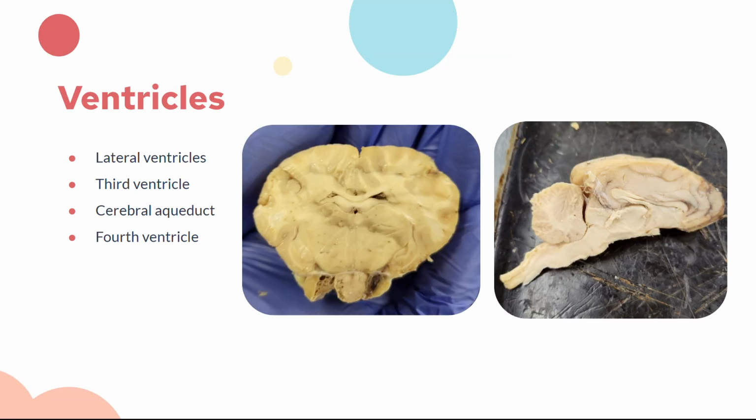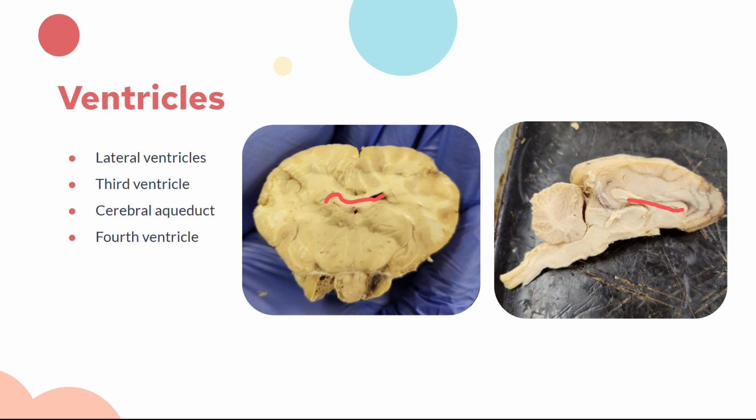Okay, so next we're going to be getting into the ventricles. The lateral ventricles are in between the corpus callosum, so it would be inside here for the sagittal section, and for the coronal section it would be right here. Inside here is where our lateral ventricle would be.